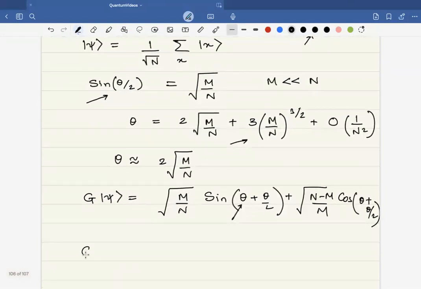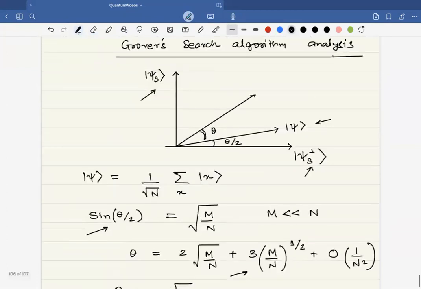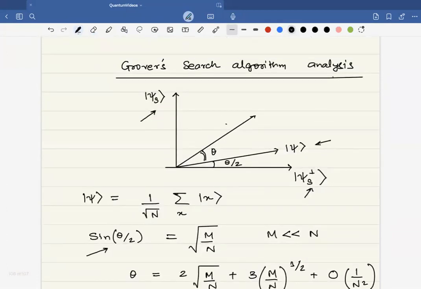So t rotations will be equal to square root of m over n sine of t theta plus theta over 2 plus square root of n minus m over n cos of t theta plus theta over 2. Right, so the idea is to get as close as possible to the solution space, maybe somewhere very close over here. Right, so that is where we want to go to.